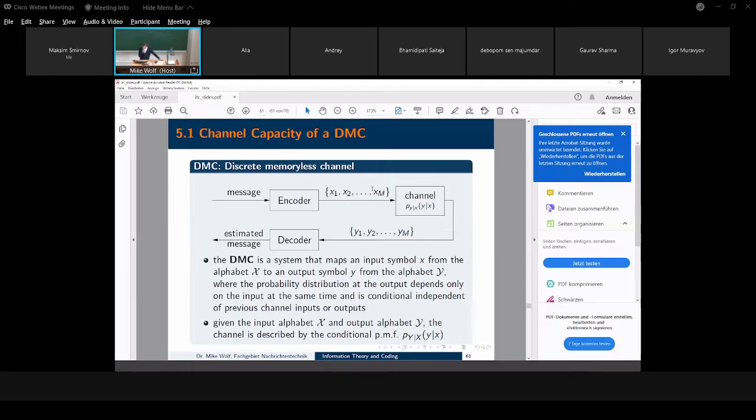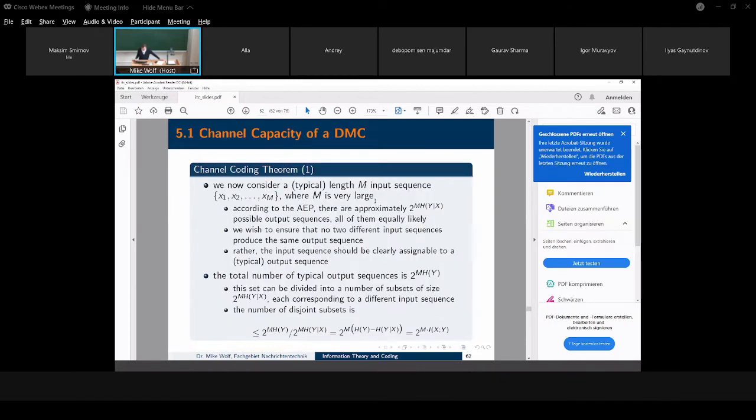Best case, we can extract a nearly error-free message, which is identical to the mutual information, multiplied by the number, of course, of symbols which have been transmitted. We have shown this by the law of large numbers.